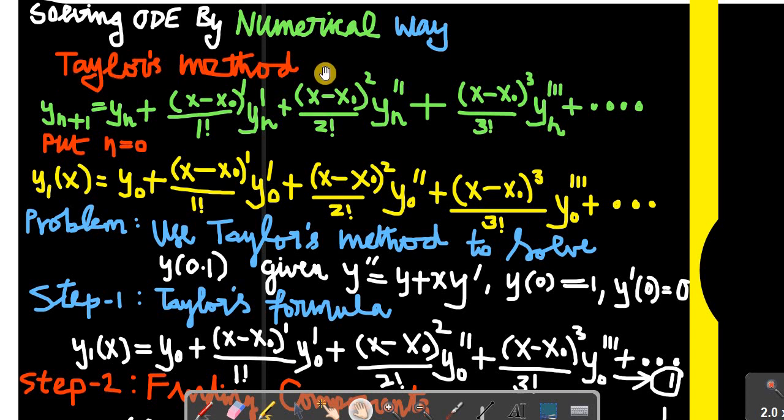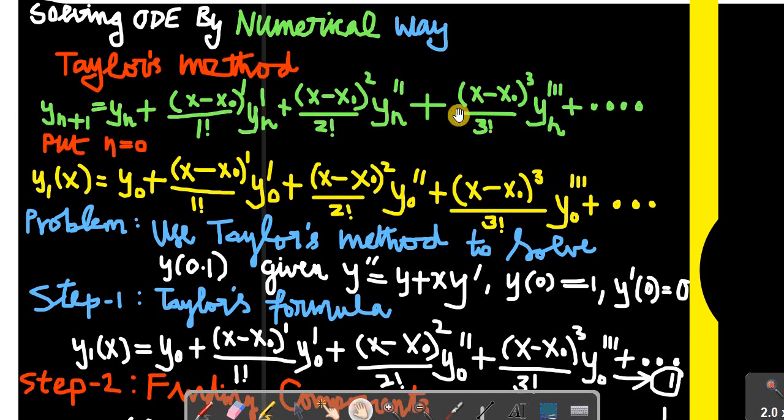The Taylor series is this: y(n+1) equals y n plus (x minus x naught) to the power 1 divided by factorial 1 into the first derivative at x equals x n, plus (x minus x naught) square divided by 2 factorial into the second derivative, plus (x minus x naught) cube divided by 3 factorial into the third derivative at x equals x n, plus dot dot dot.